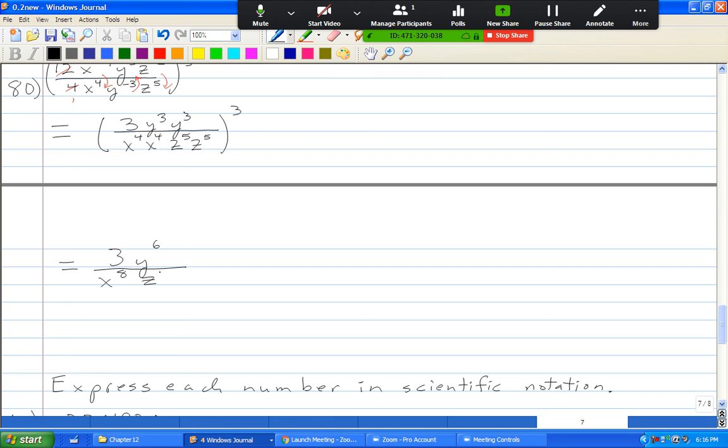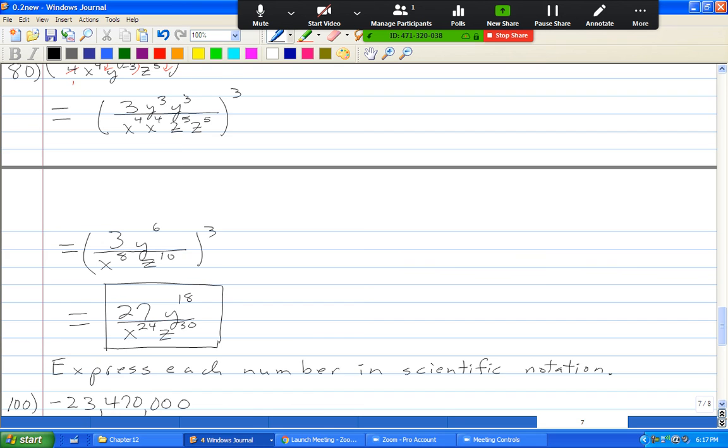Let's raise everything to the power 3. I was computing 3 cubed. 3 cubed is 27. Y to the 6 cubed, well, 6 times 3 is 18. Over x to the 8 times 3 is 24. And 10 times 3 is 30. And that is your answer.